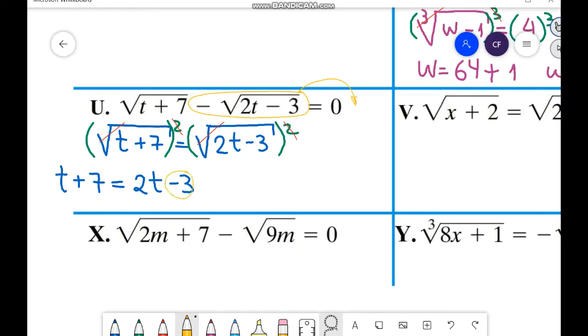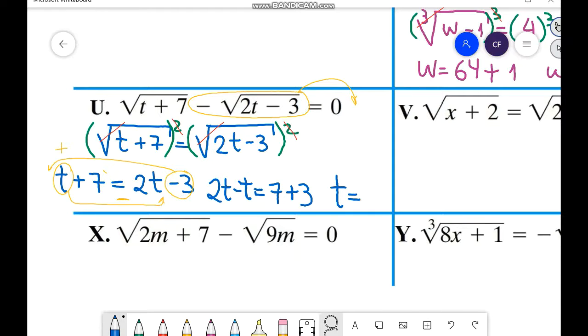Move this negative 3 to the other side, becomes a positive. Move this t to this side and it becomes a negative. 2t minus t equals 7 plus 3. That means t equals 7 plus 3, 10. 10 is the right answer. So letter U, t equals 10.